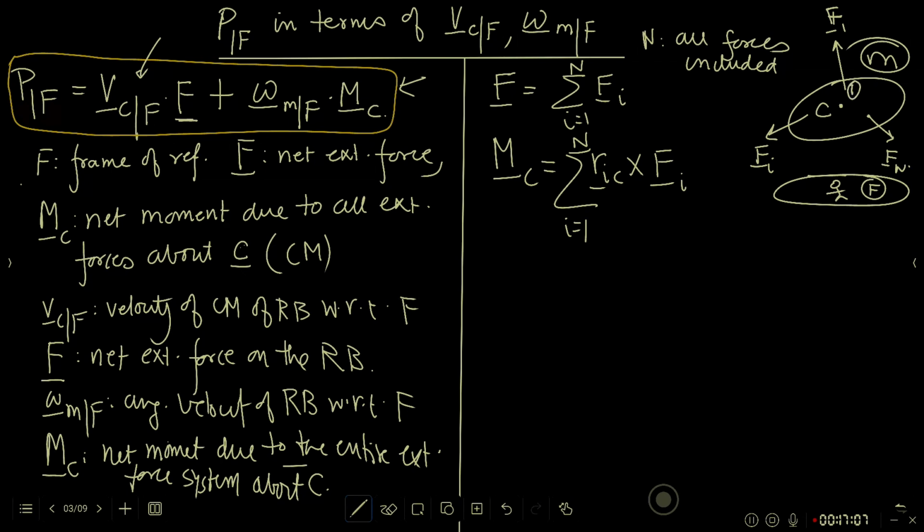This is location 1, this is location i, this is location n. Okay, let's prove it.